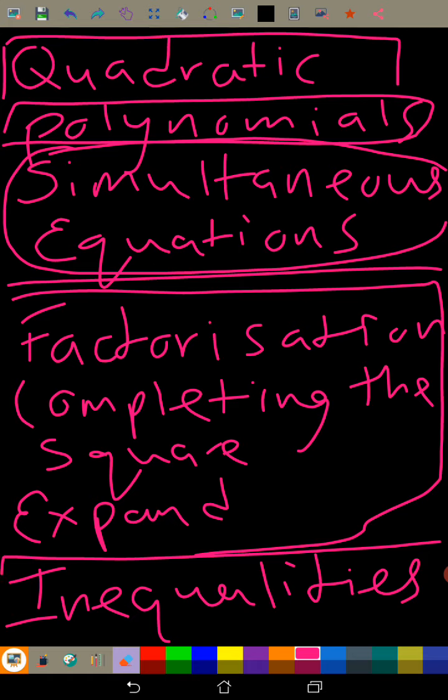And I just made a video about inequalities. So inequalities can be tricky sometimes if you have to divide or multiply by a negative number. In that situation, you have to reverse, so change the direction of the inequality.